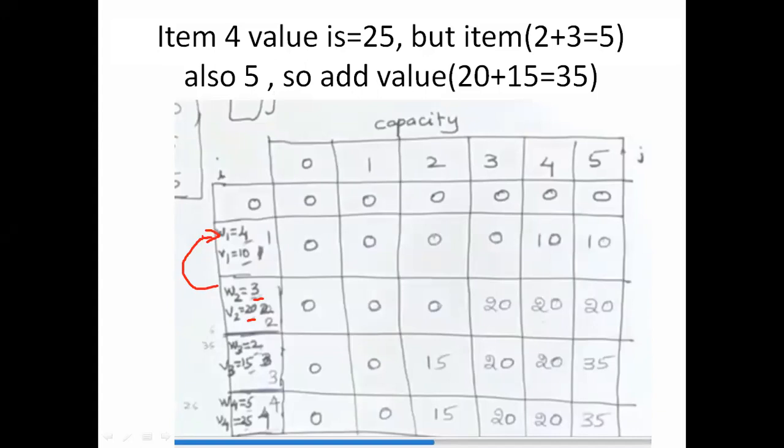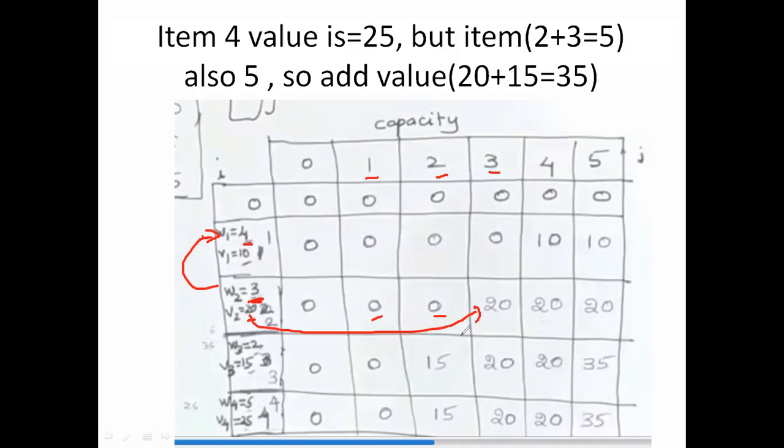So how? Here 1 kg. Here already 4 kg. Here we have 3 kg as minimum. So 3 kg cannot be held in 1 kg, so 0. With 2 kg capacity, we cannot hold 4 or 3 also, so 0. For 3 kg capacity, we cannot hold 4 kg, but we can hold 3 kg. So the corresponding value is 20.